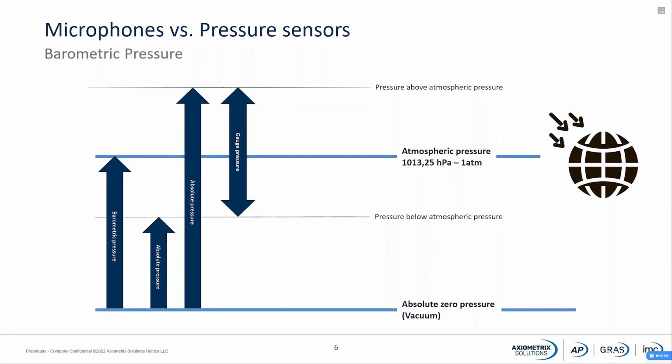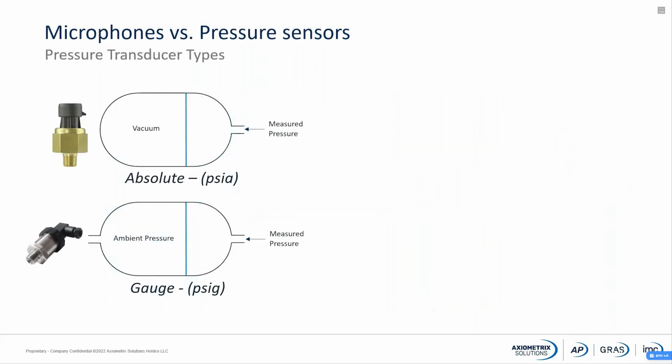And if we put that into the different types of sensors that you can buy on the market, you can see that we have these absolute pressure measurement types. They are having vacuum on one side, and they are putting the pressure that we are measuring on the other side. So therefore we are comparing vacuum with the measured pressure, which means that this is an absolute measurement from vacuum up to the measured pressure.